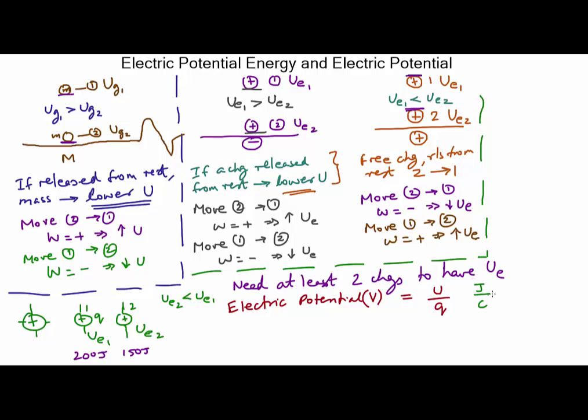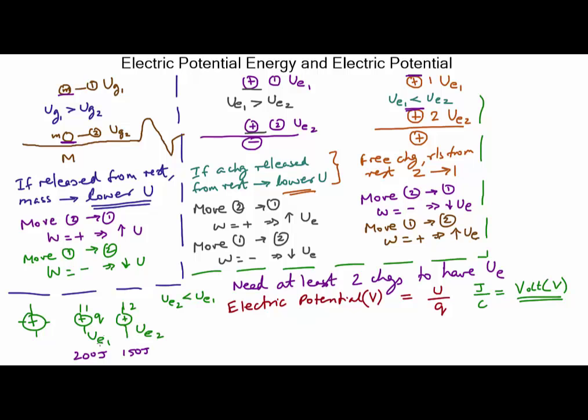That's the unit of electric potential, and we give that a name. That's called volt, and it also has a symbol of capital V. So electric potential is measured in volts, and so when you talk about a battery with 1.5 volts, you're talking about the electric potential between the positive and the negative ends of the battery.